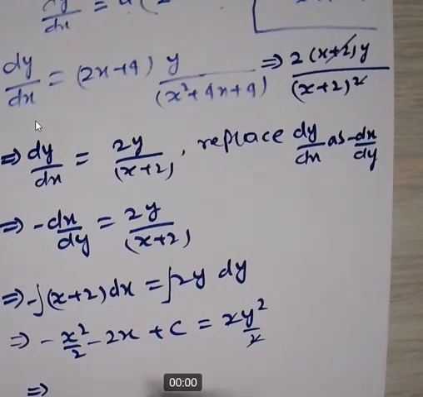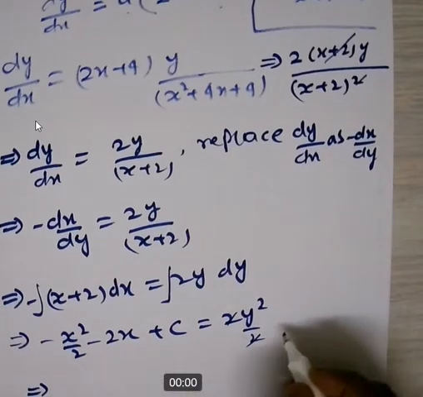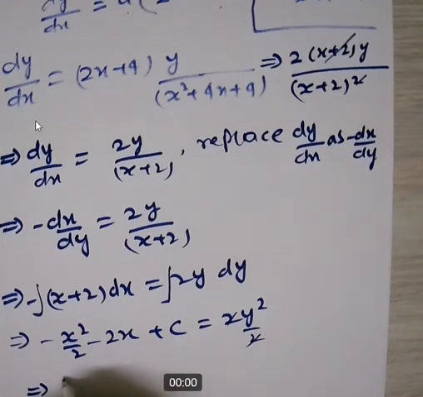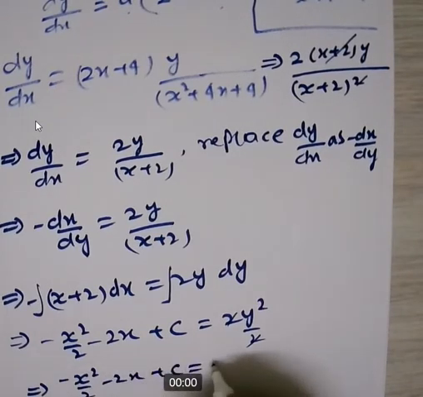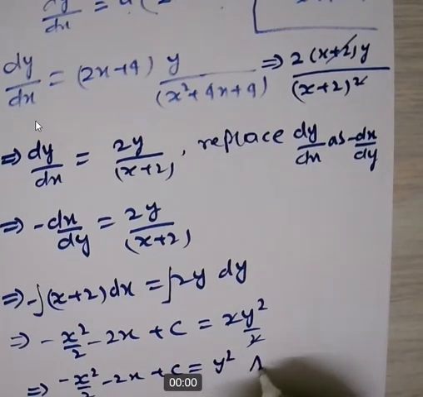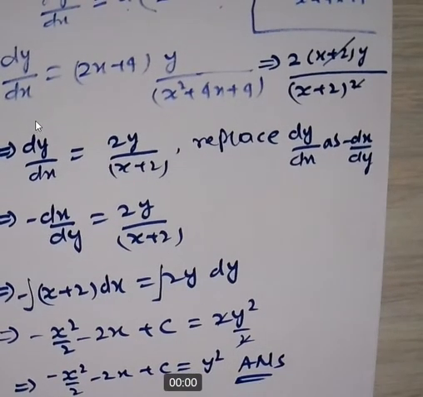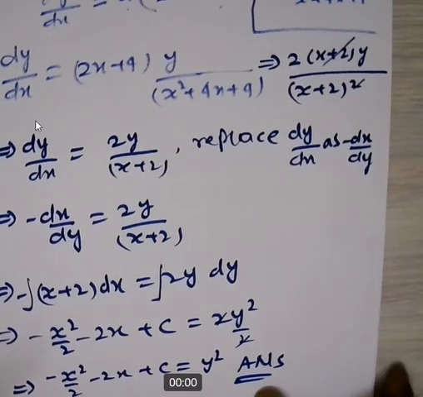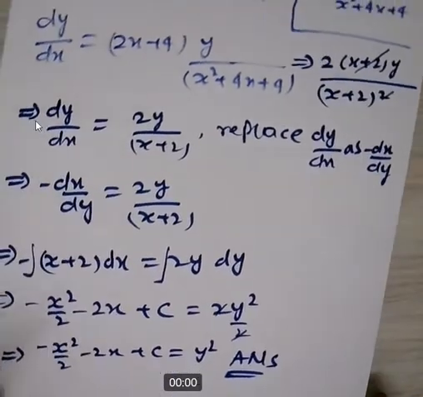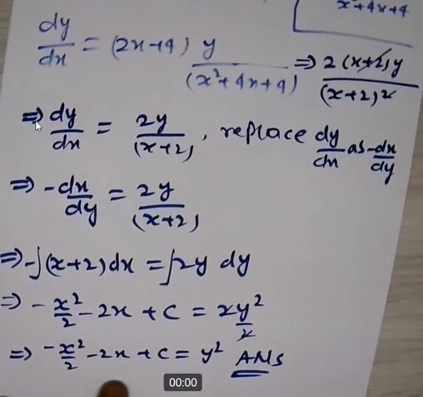So it becomes minus x square by 2 minus 2x plus c equal to y square. This is the answer of that question, which is to find the orthogonal trajectory.